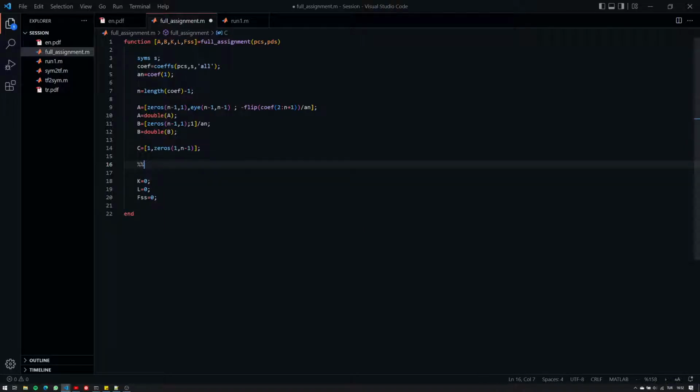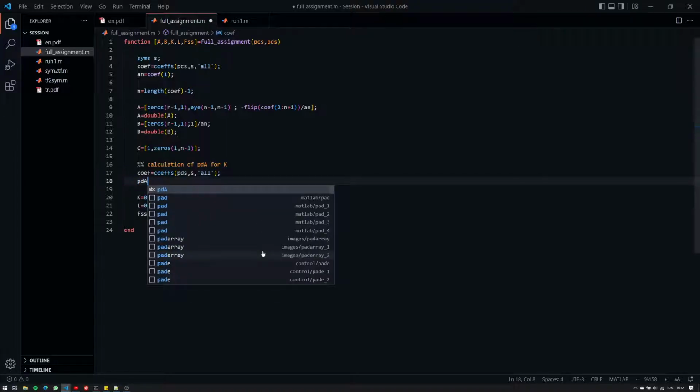Now, the calculation of PDA for K. So that's basically it. Now, let me just take this code here and replace that with PDS, because now I'm interested in a different polynomial. Now I will have the coefficients.